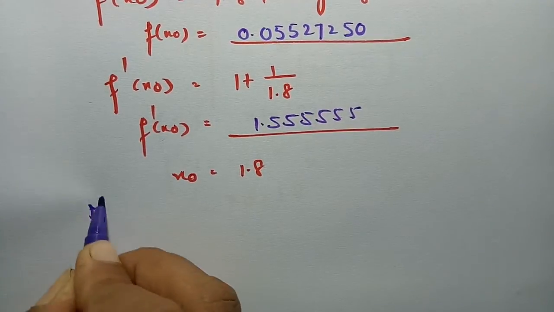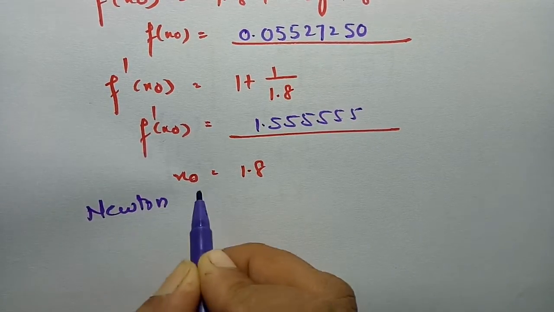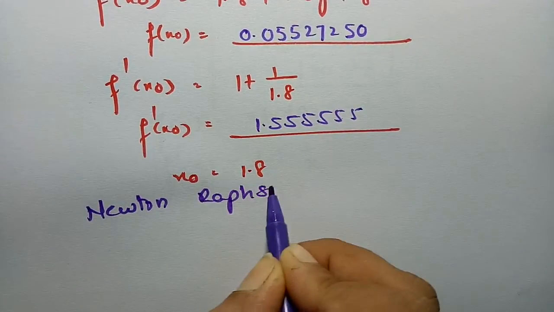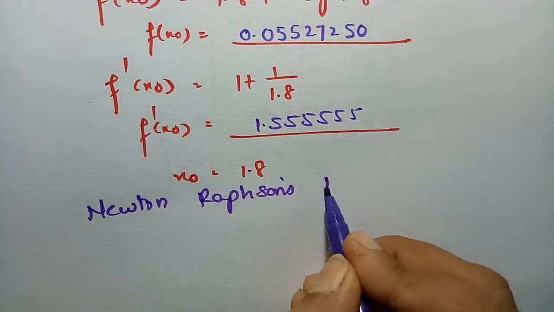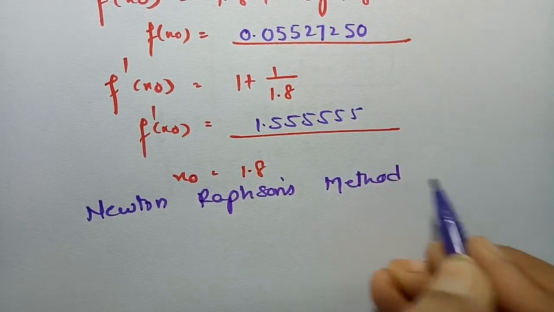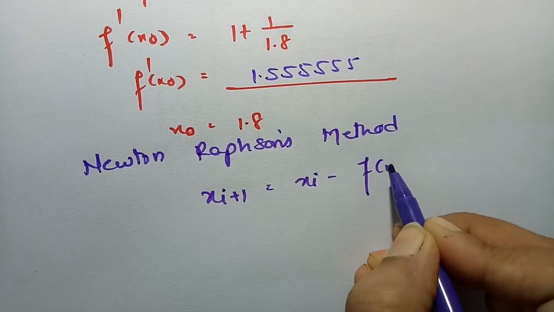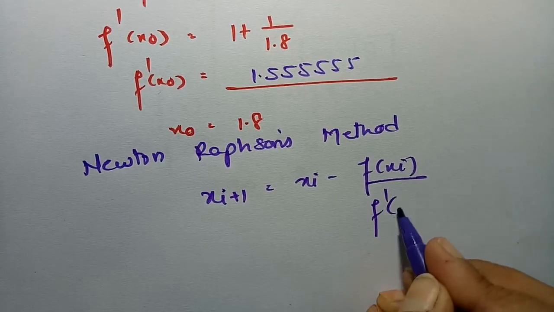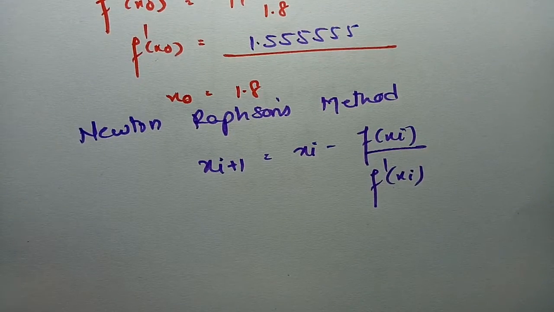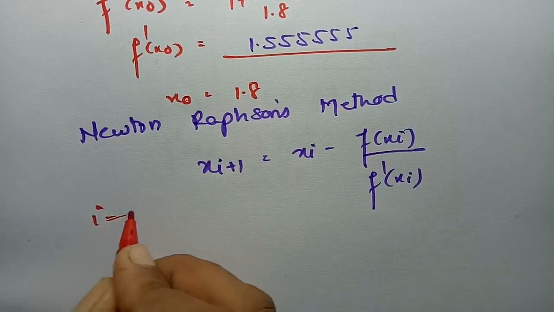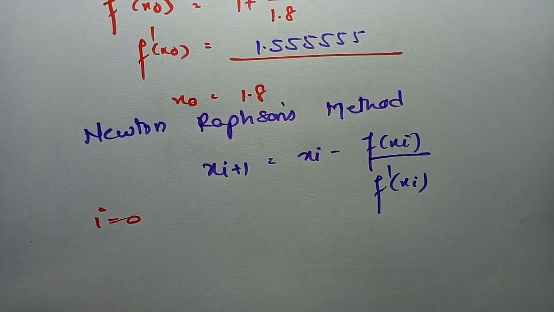So according to the Newton-Raphson method, we have a formula that x i plus 1 is equal to x i minus f at x i by f dash at x i. So if I keep i is equal to 0 in this equation, what happens here?